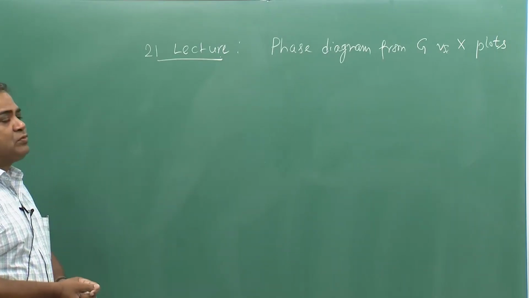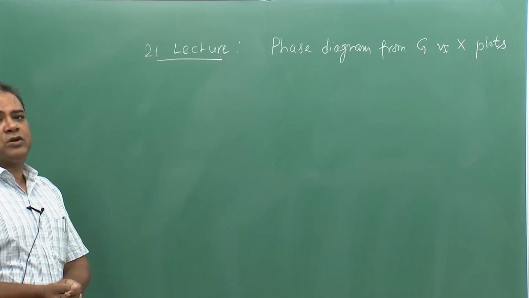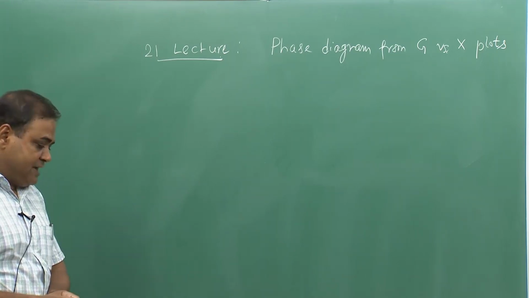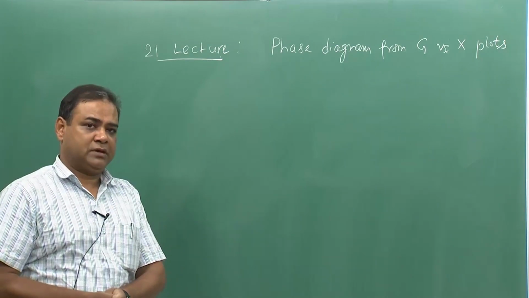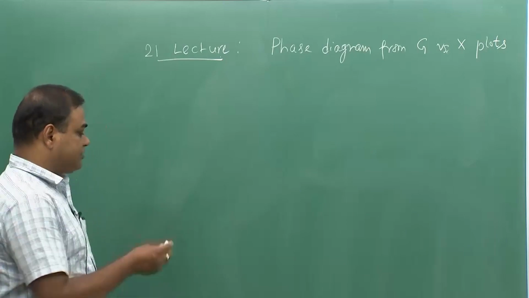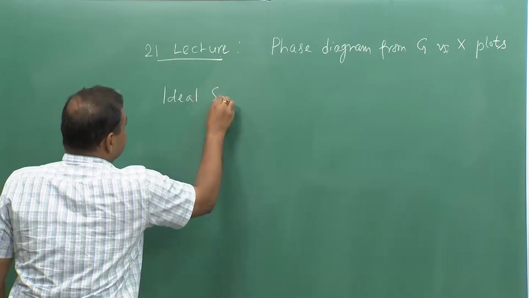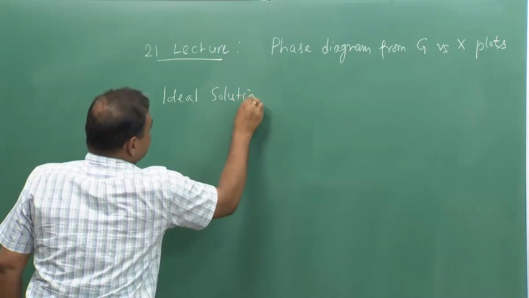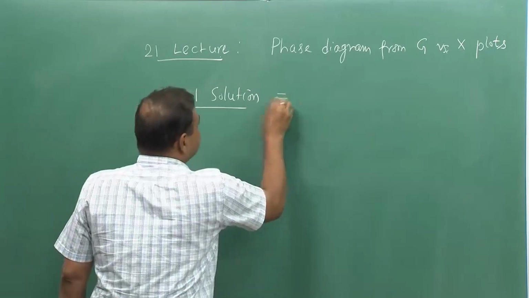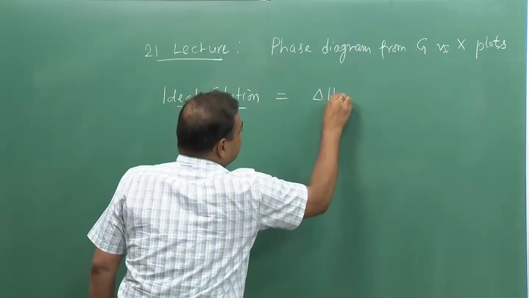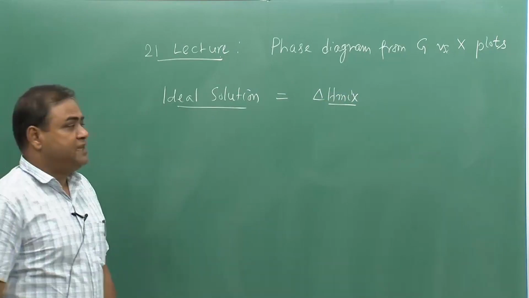Rather, we will straightaway see how this G versus X plot looks in a situation where it is an ideal solution. Whenever we are talking about an ideal solution, we mean that delta H mix, that means enthalpy of mixing, is 0.